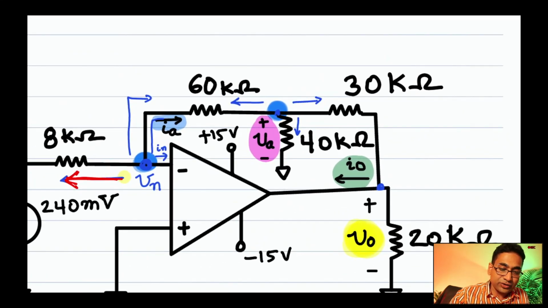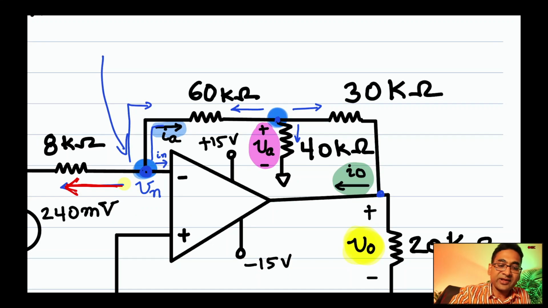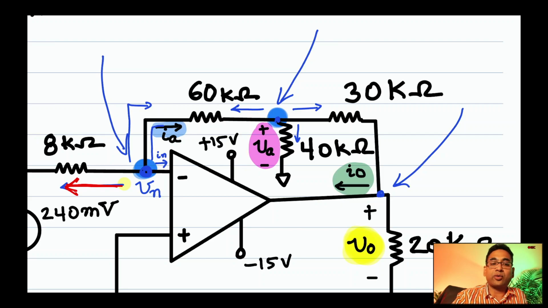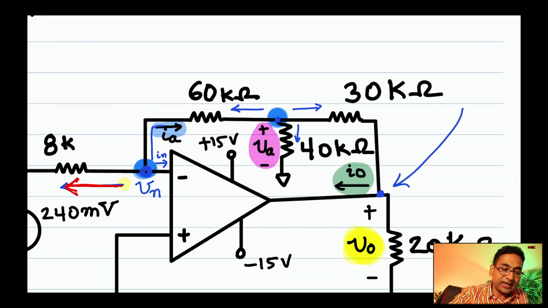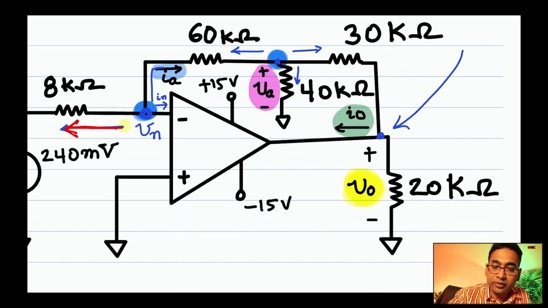Look what I'm going to do. So far, I have written KCL at this node, KCL at this node. Now I'm going to write KCL at that node. So pay careful attention. I'm going to write KCL at the output node. At this output node, there are 3 currents. There is one current going south, there is one current going north, there is one current IO going west.